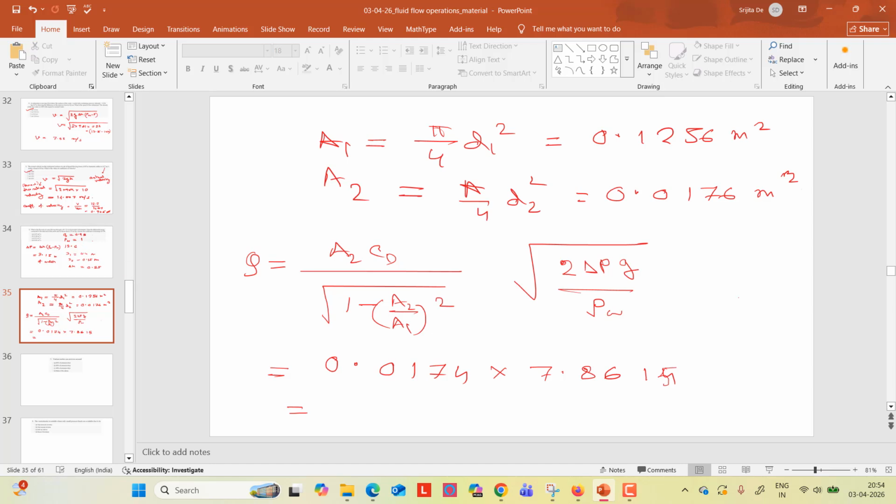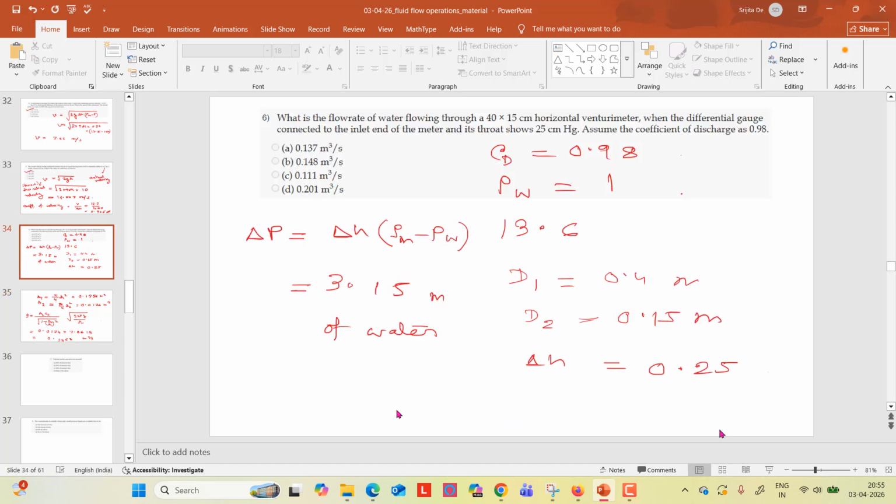So it is coming as almost 0.1368 meter cube per second, right? So this is almost 0.137. Option A.